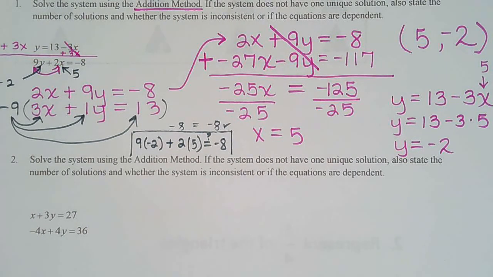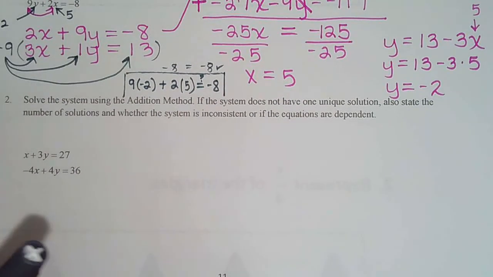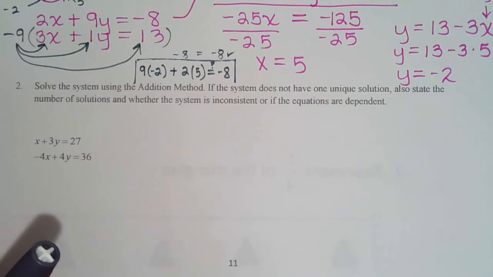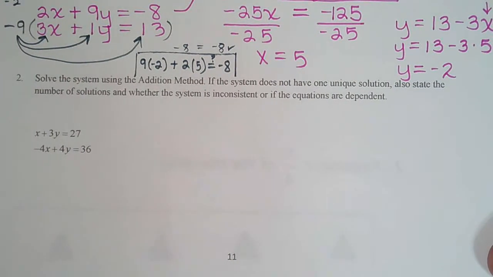Nice, huh? Okay, so on number 2, ooh, I'm liking number 2. How about you guys? Do you see why it's going to be pretty easy? They're already in standard form. Boom, step 1's done. No fractions or decimals. Boom, step 2's done.